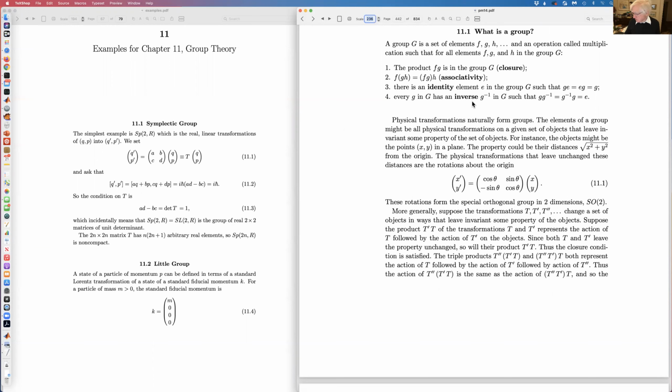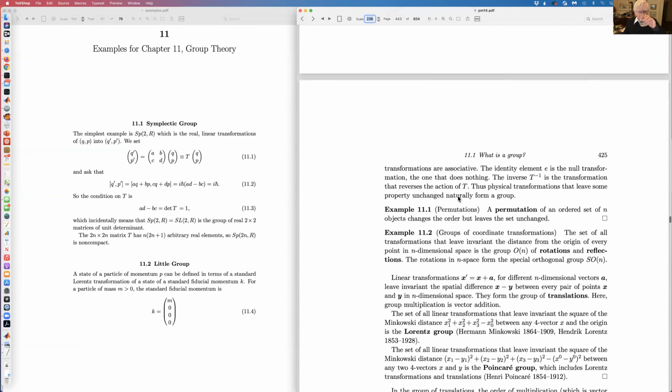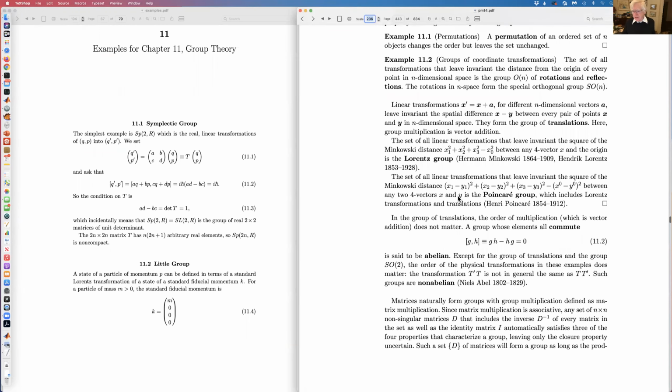So that's the inverse. Transformations are naturally associative. And if one transformation leaves the property unchanged and another transformation leaves the property unchanged, then if you follow one with the other, the property is automatically unchanged. So that's the really important thing.